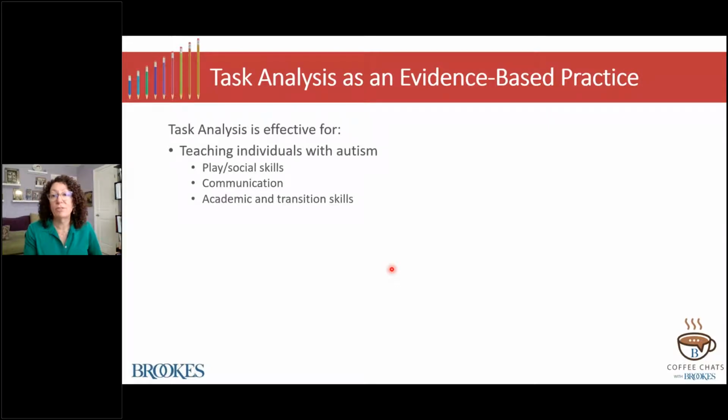It has been used pretty extensively for teaching individuals with autism. And there have been articles about teaching children with autism play and social skills, teaching them how to use better communication skills, and also with academic and transition skills.